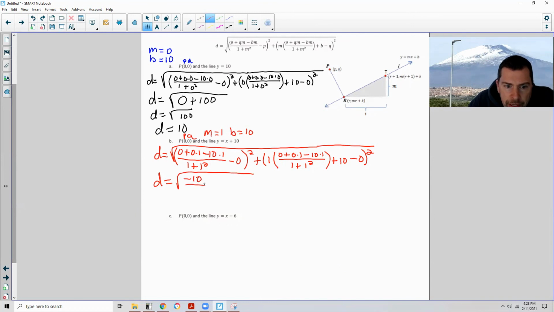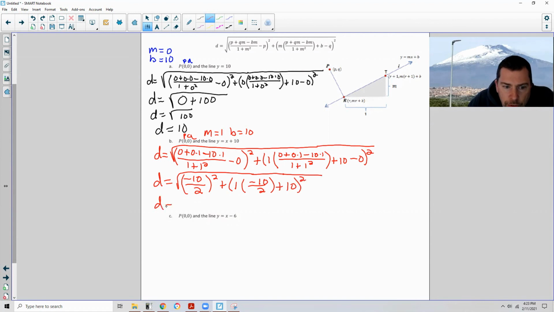Okay, divided by 1 plus 1 squared, which is 1. 1 plus 1 is 2, minus 0 squared, plus 1 times 0 plus 0 times 1, which is 0, that's 0, minus 10 times 1, which is 10. 0 minus 10 is negative 10 over 1 plus 1 squared, which is 1. 1 plus 1 is 2. And then we're going to do plus 10 minus 0 is 10. And all of that is squared.